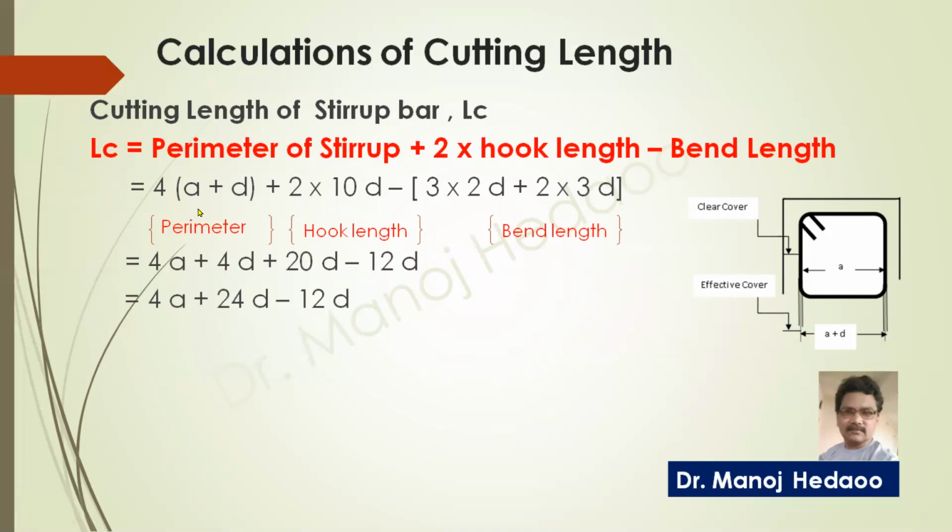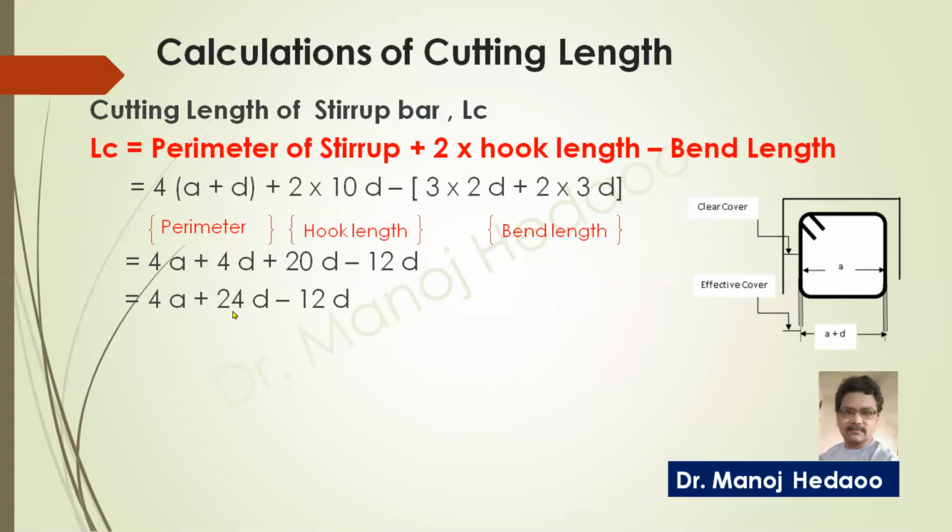Now if we simplify again, it will be 4A plus 4D plus 2 into 10, that is 20D, minus 12D, which we have already simplified. So again simplifying, you will get 4A plus 24D minus 12D. Friends, 4A plus 24D, if you remember, in earlier years we were using the length of stirrup as perimeter plus 24D.